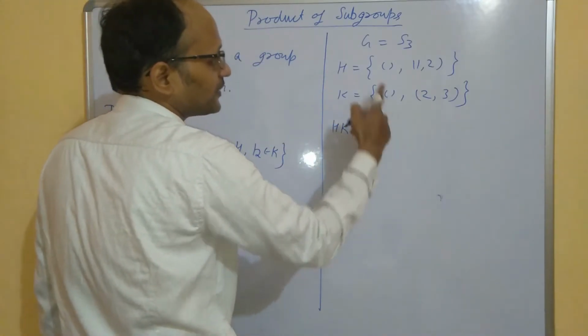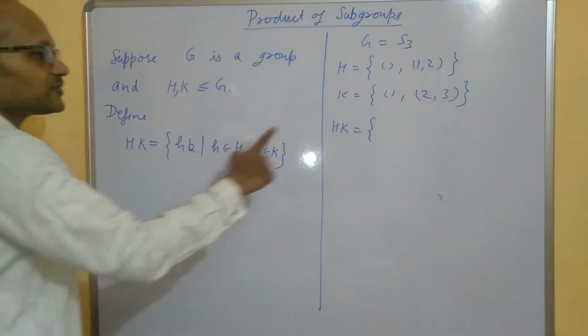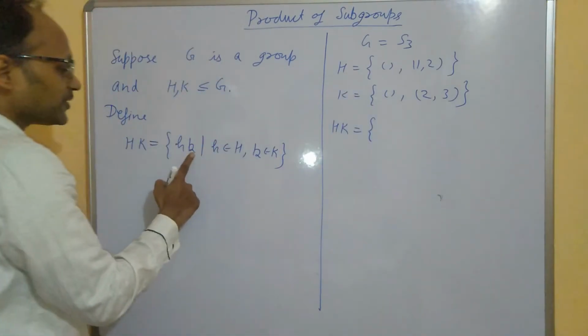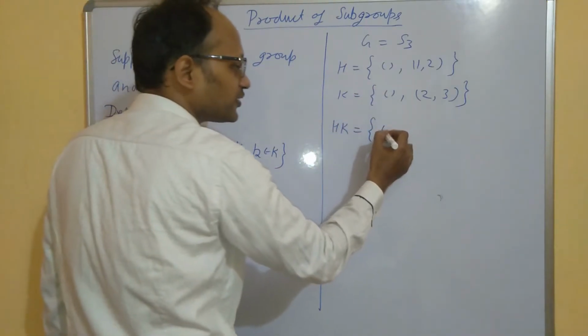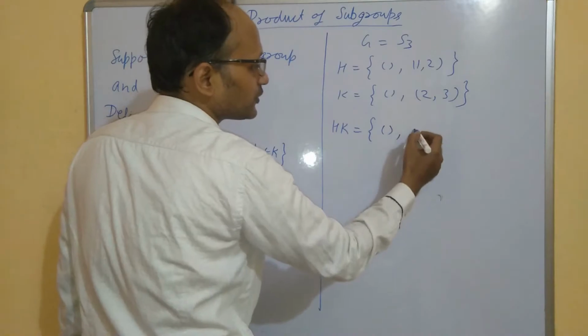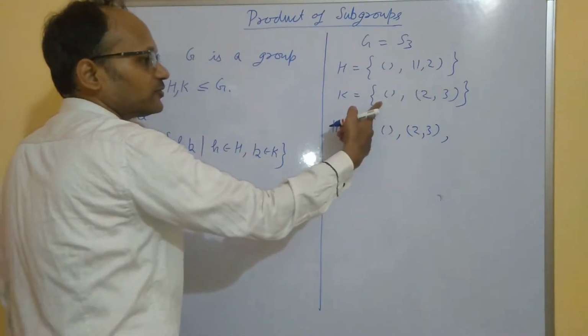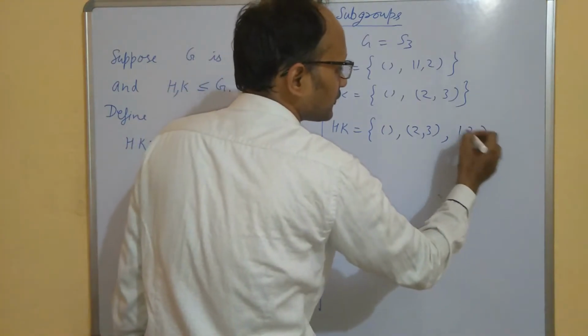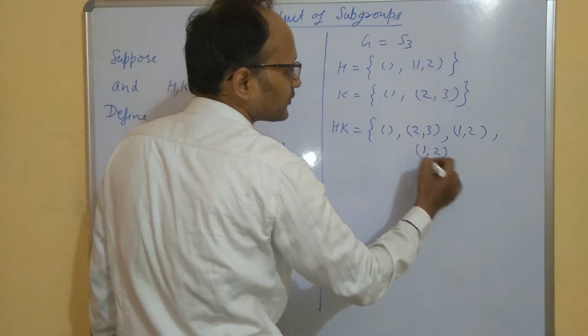First we take the element of H and the second element will be from K. So identity into identity is identity, identity into (2 3) is (2 3), then (1 2) into identity is (1 2), and at last (1 2) into (2 3).